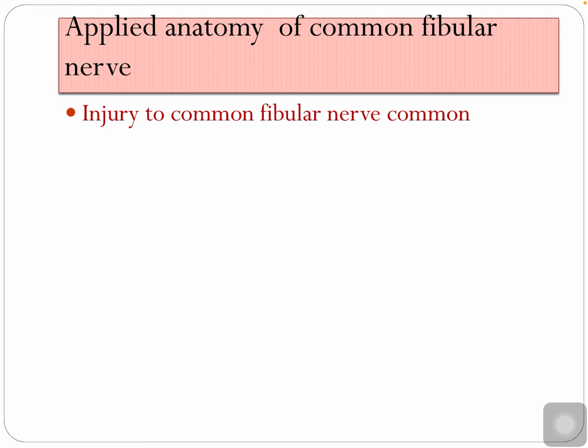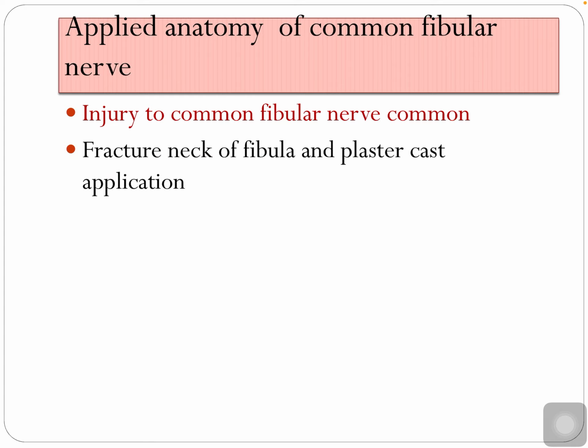So now we have come to the applied anatomy of common fibular nerve. Injury to common fibular nerve is common because it is over the neck of fibula. So you just imagine fractures of the fibula, then that will injure this nerve. So if fracture neck of fibula or even after fracture, if we are applying plaster cast application, this common peroneal nerve may be compressed.